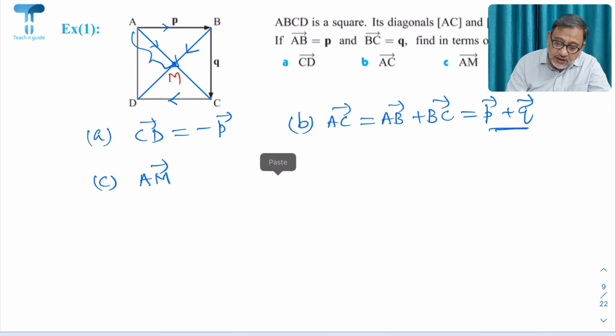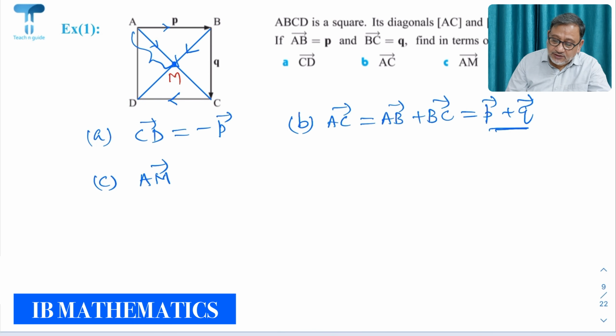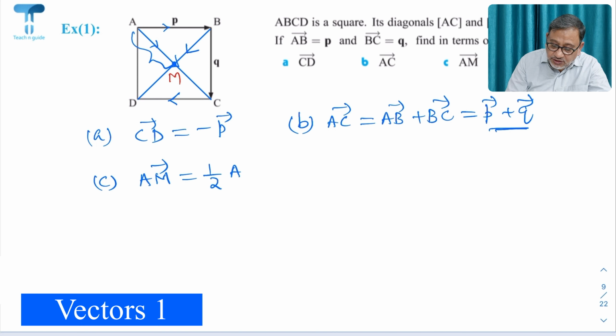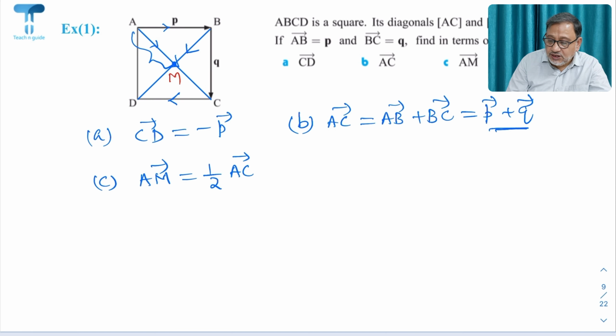It will be half of vector AC, isn't it? So vector AM is half of vector AC because it is in the same direction, but half of it because M is the midpoint. So I will write here half of P plus Q inside the bracket, or I can write half P plus half Q, whatever way you want to write.